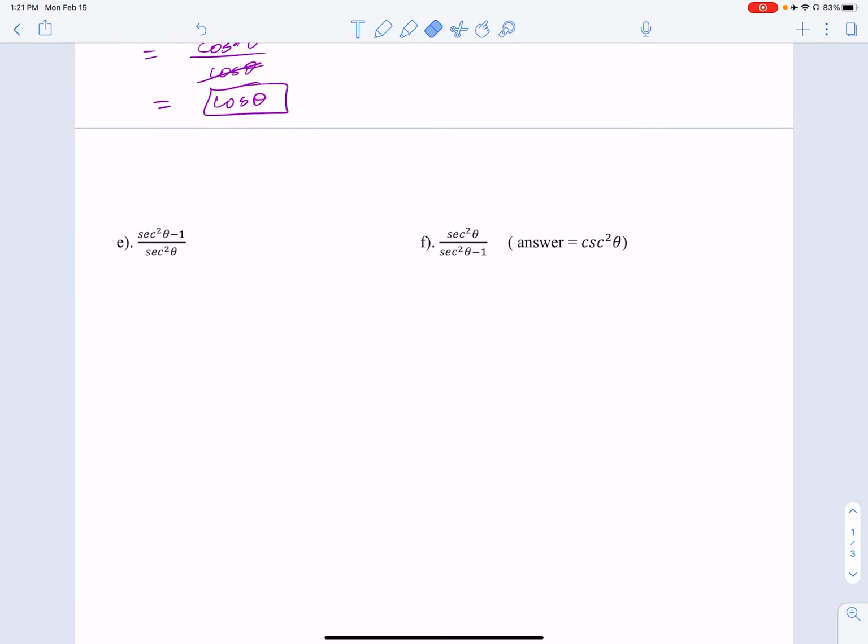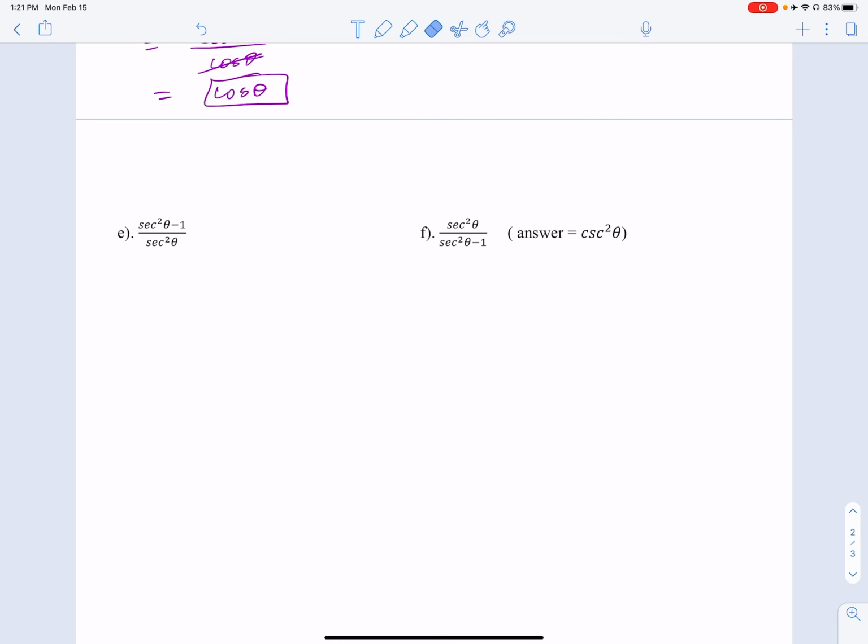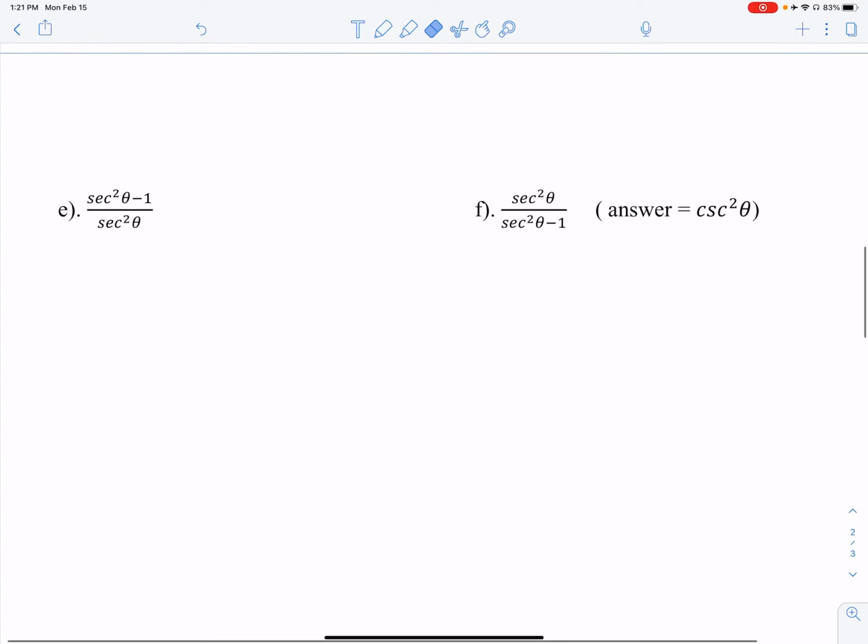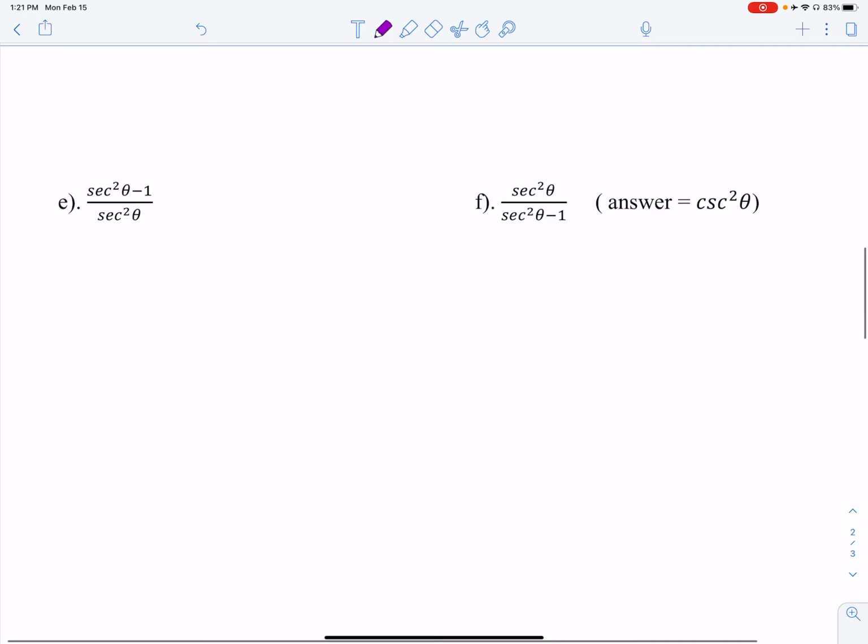All right, so part E, we have some other Pythagorean identities. Right here we have secant squared theta minus 1 over secant squared theta. Because of the subtraction in the numerator, you cannot cancel out secant squared and secant squared theta. It has to be a product of things in the numerator before you can cancel. And we don't have a product, we have a difference. So that would not be a legal move.